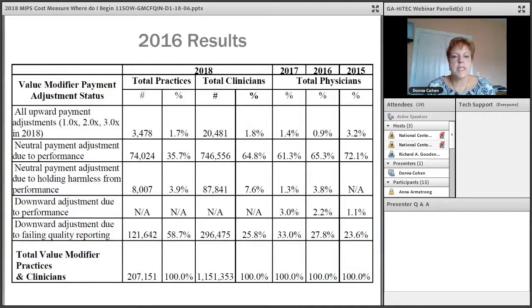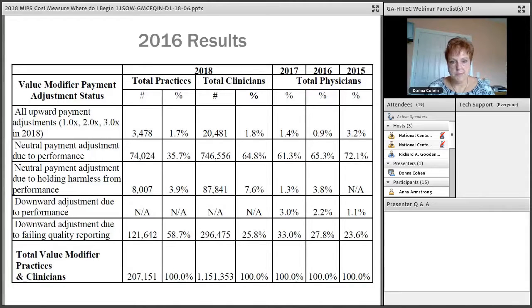I wanted to share with you some results that I thought were very interesting about the number of clinicians that received a negative and positive adjustment. As I indicated, if we look at the grid for 2018, the majority of clinicians received a neutral payment adjustment, close to 75%. A small percentage, 1.8% of clinicians, received an upward payment adjustment.